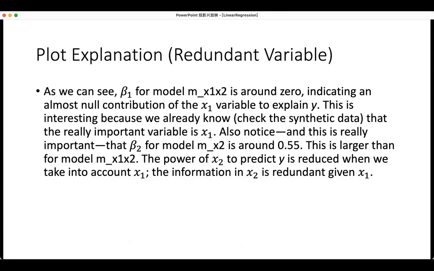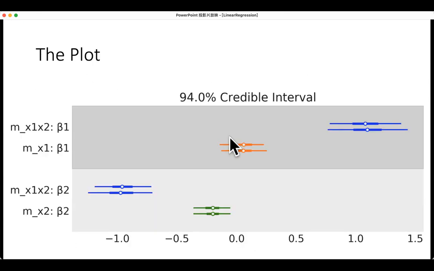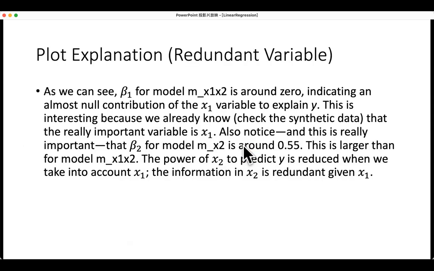So you can see the beta 1 for model MX1X2, which is indicated by the orange color at the top, is close to 0. This indicates an almost null contribution of the X1 variable.